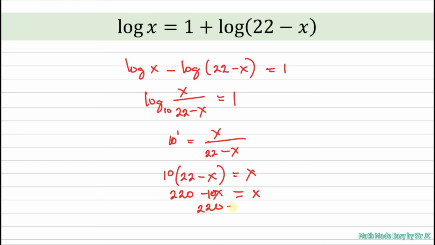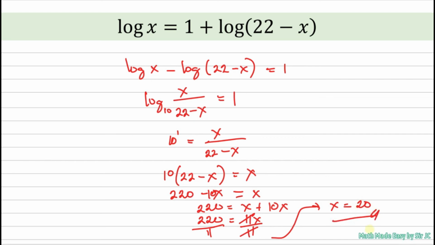We have 220 equals x, and the negative 10x, bring it to the right side, becomes plus 10x. And that is 220 equals 11x. Dividing both sides by 11, we have x equal to 220 divided by 11. That is 20. So the value of x is 20.